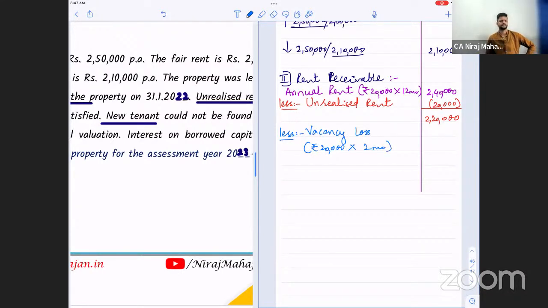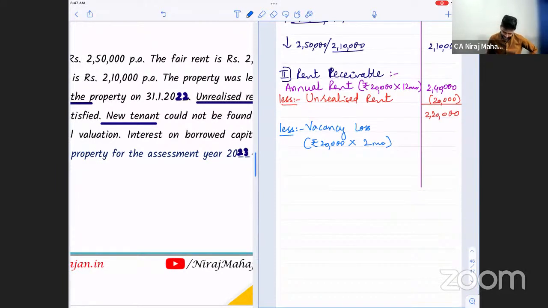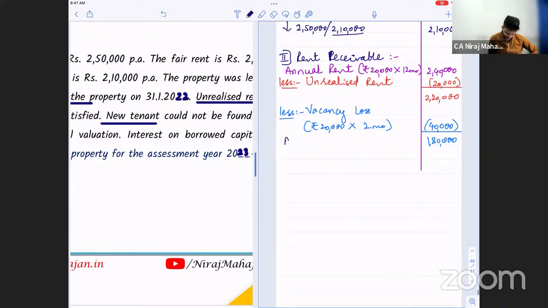Okay? Vacancy loss. How much? 40. We are at 180. This is what I'm going to call actual rent. Yes?